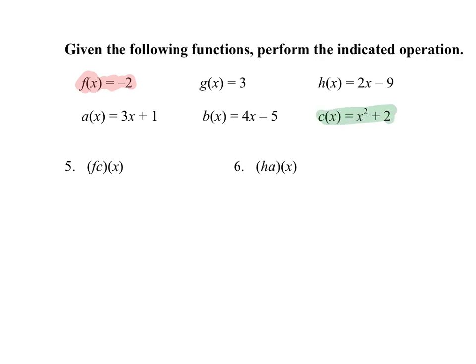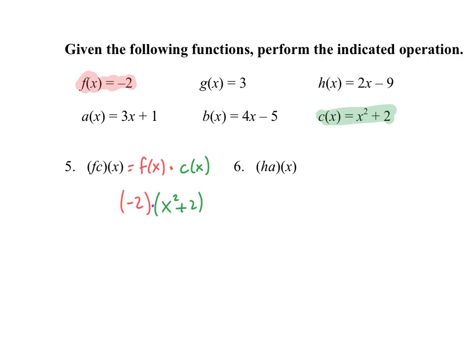So this will be the same thing as f of x times c of x. So again, as I bring f of x down, that is just negative 2 times, and so I can just use parentheses next to parentheses. I don't need to put a dot, but if you want to, you can. C of x, which is x squared plus 2.